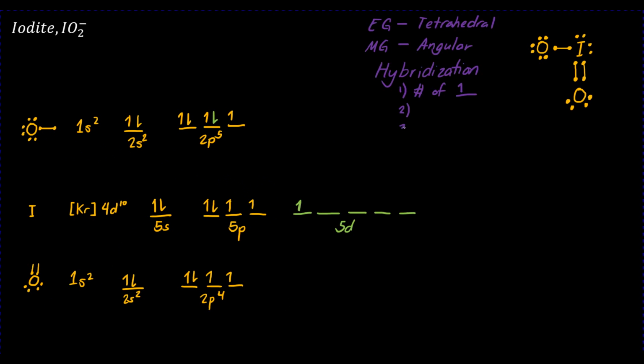The next concepts, actually these two go hand in hand. First is that bonding occurs through the overlapping of orbitals, and also for iodine to assume a tetrahedral electronic geometry, it will need to prepare equivalent orbitals.